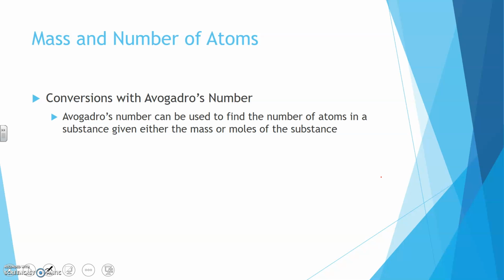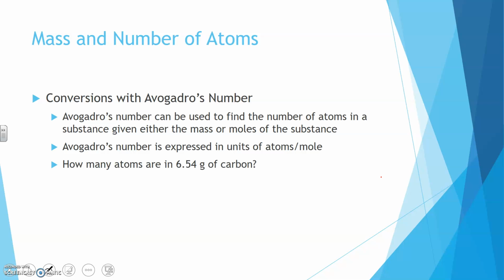If you're given mass, you will have to convert to moles, and then you can convert to atoms or particles or anything like that. So Avogadro's number is generally expressed in units of atoms per mole. It can also be photons per mole, particles per mole, anything tiny like that per mole.